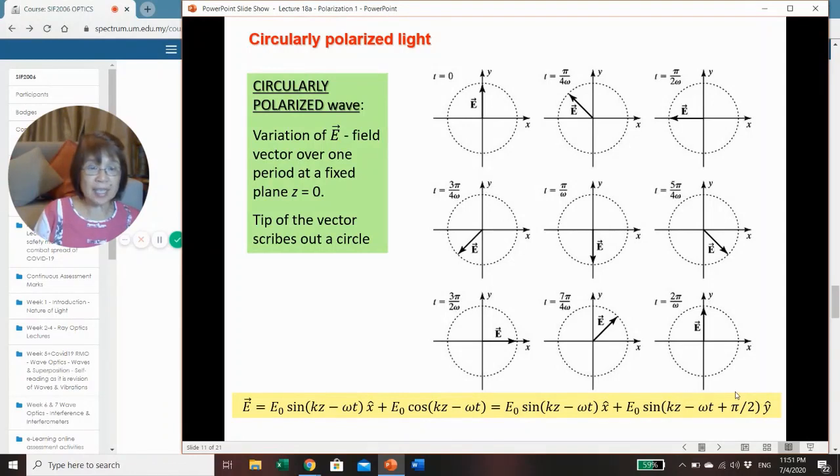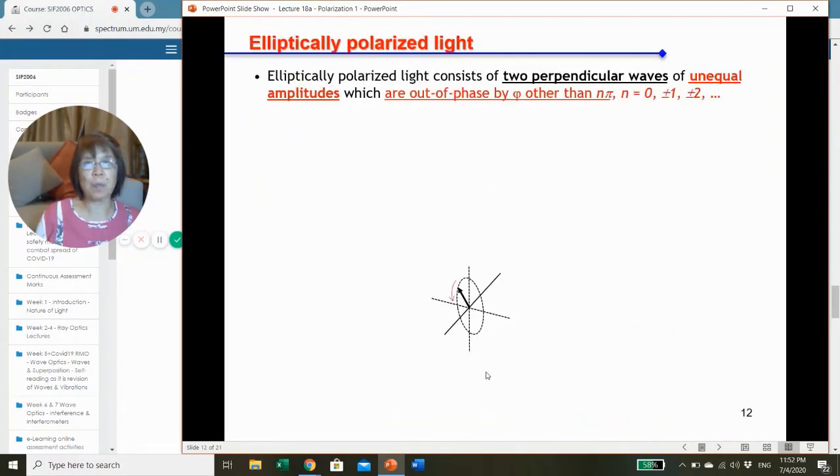And as you can see, you can represent it using this expression here. Now, if you write both in sine function, it's easier to see. Then you see that the second component, the y component EM wave actually has a phase of pi over 2, so the difference in the phase is pi over 2.